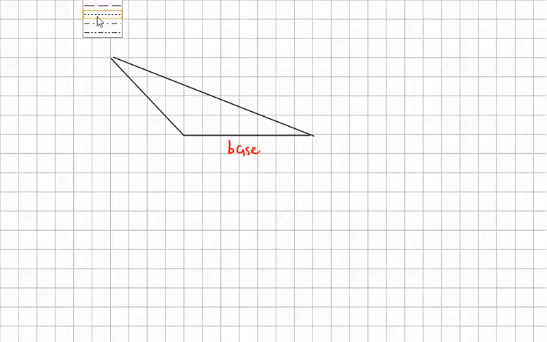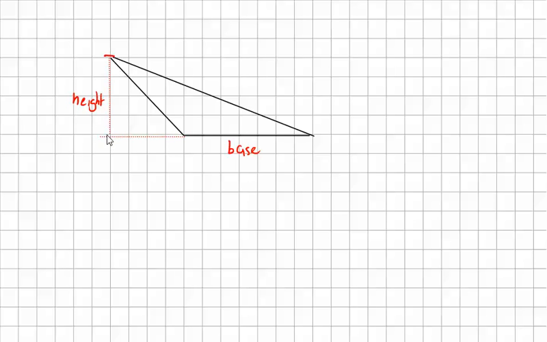What would be the height? Would you go to the top end? You go down 90 degrees like this. Yeah. Okay, so if we were to extend the base, this value would be the height there.